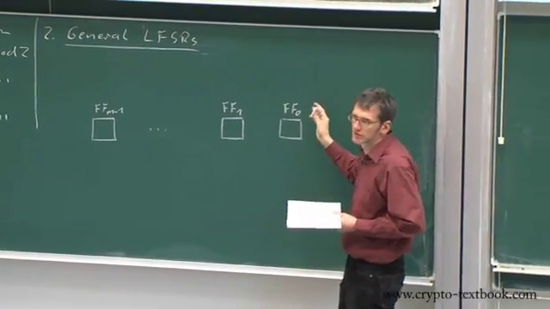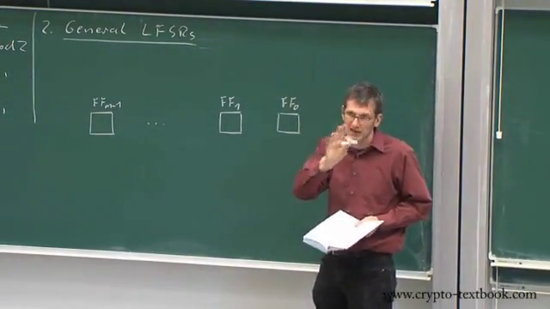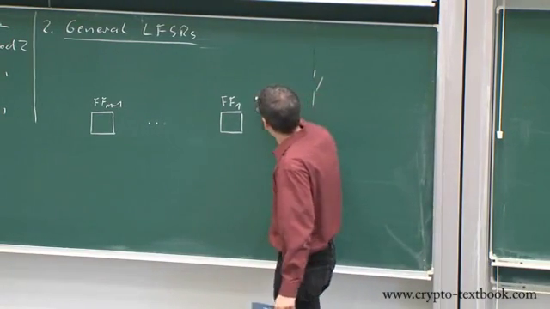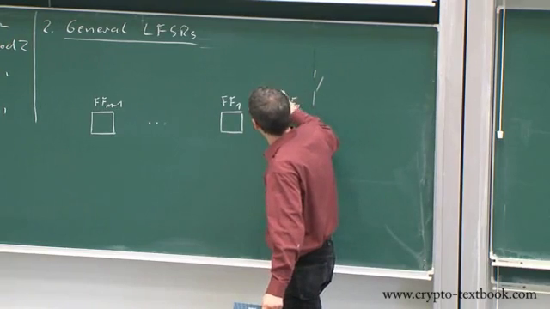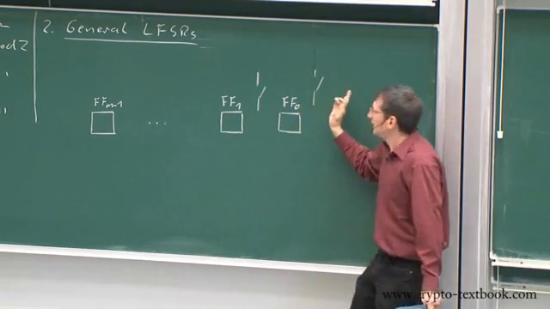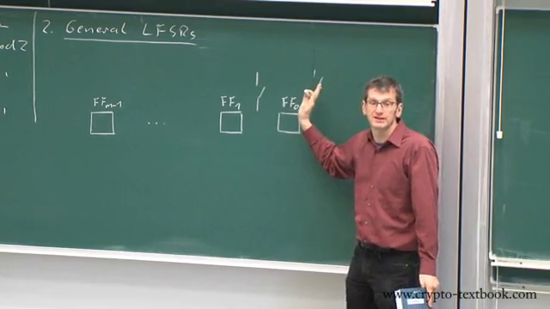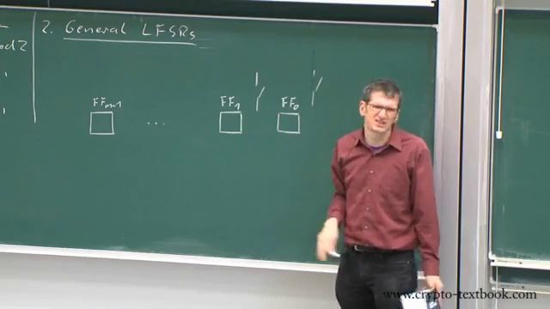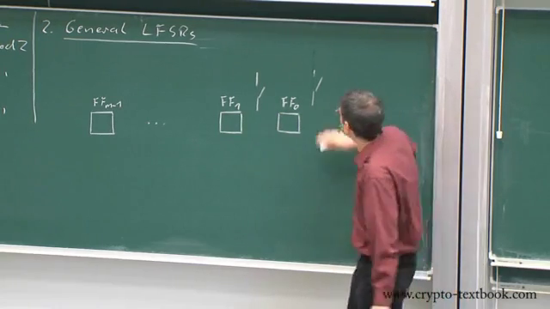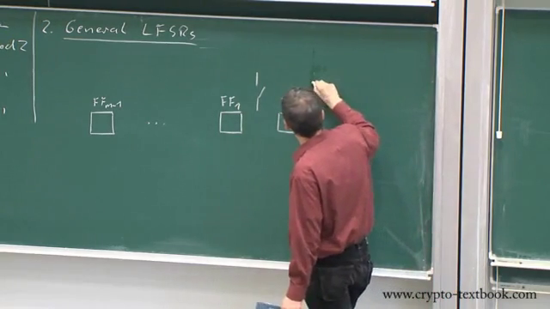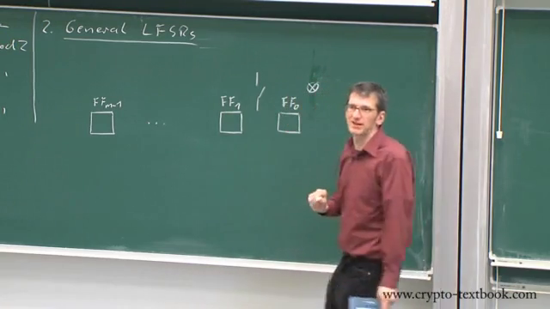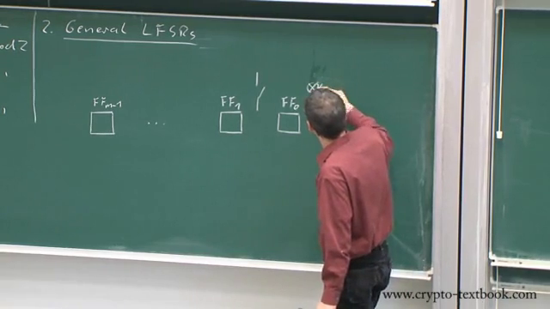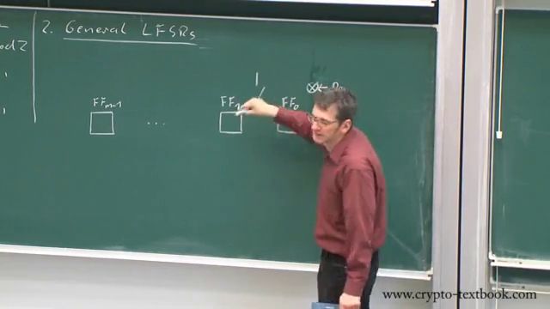So first I'll show you what I would like to do, which would be easier to understand. Don't copy that, I'm going to erase it in a minute. Every flip-flop becomes a switch, okay? And the switch is either open or closed. But with the switch, you don't get a very nice mathematical description. So what we do instead, and don't kill me, is introduce a multiplier. We multiply with a variable, called P0, P1, P2, and so forth.